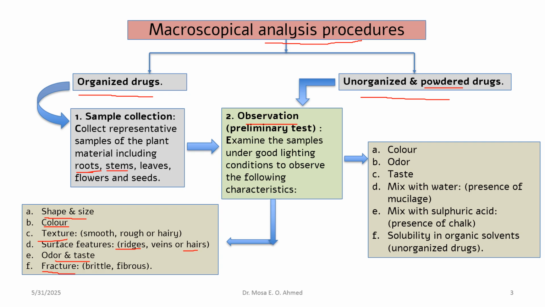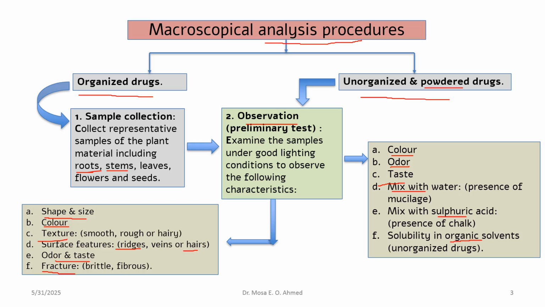We take sample under good light condition to observe the following characters: the color, odor, the taste, and if it is powder, mixed with water, or if it is mucilage, mixed with water to note the presence of mucilage, or mixed with sulfuric acid to show the presence of chalk, and addition of organic solvent to show the solubility of unorganized drugs.